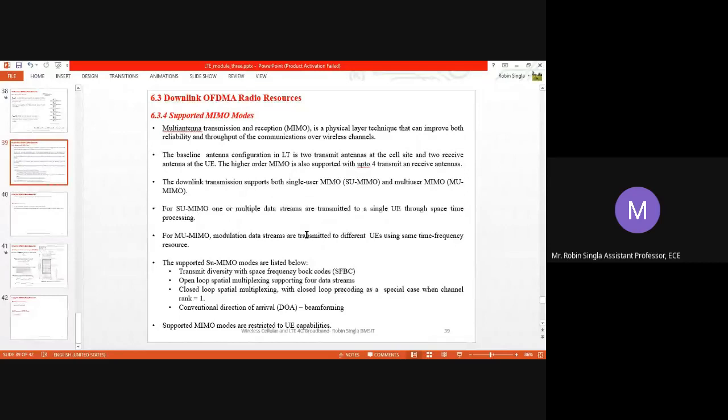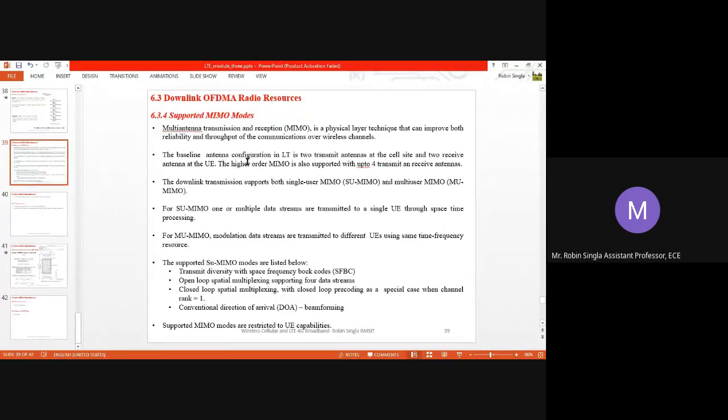Next is supported MIMO modes. Multi-antenna transmit and reception, MIMO, is a physical array technique that can improve both reliability and throughput of communication over wireless channels.